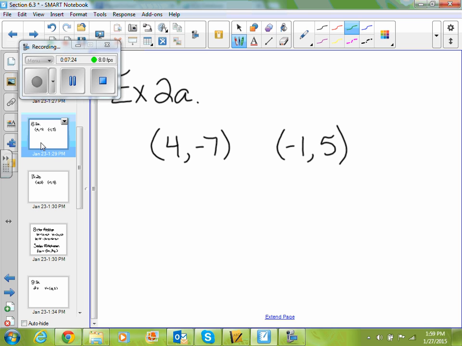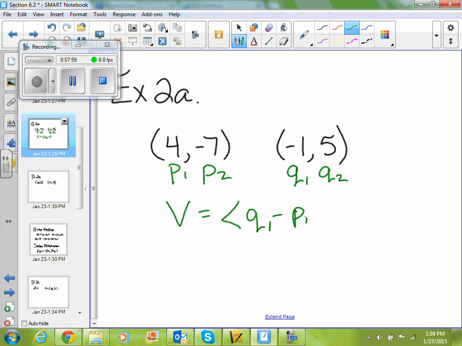All right, so if I look at example 2a, I'm given an initial point of 4, -7, and a terminal point of -1, 5. I need to find my vector form, and I need to find my magnitude. Okay. So this is P1, P2, Q1, Q2. To find my vector, I take my Q1 minus my P1 and my Q2 minus my P2.